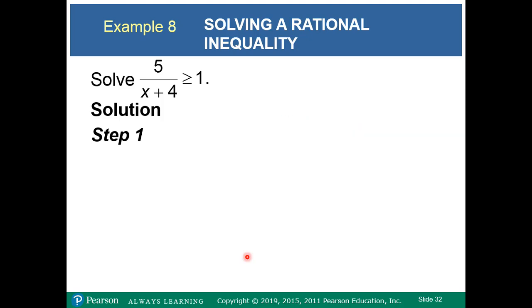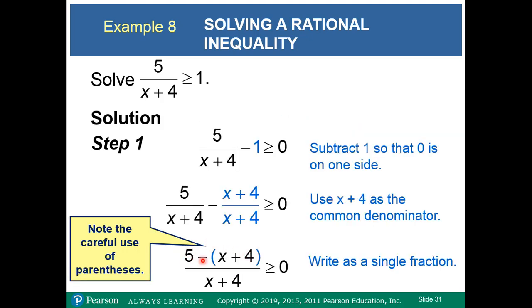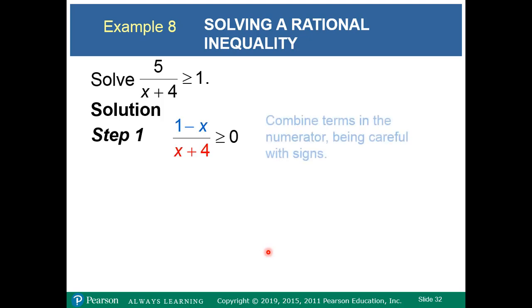Now, if you do that, you get negative x plus 1, or 1 minus x over x plus 4 is greater than or equal to 0. Now be careful with the sign.